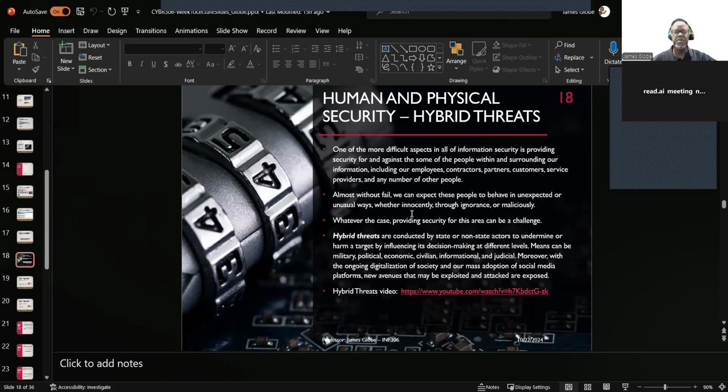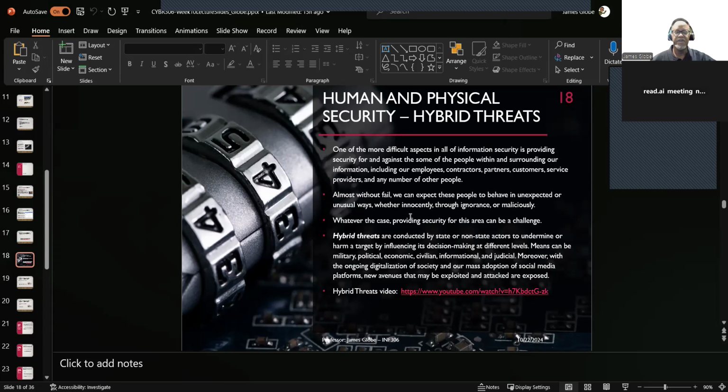So one of the more difficult aspects of information security is providing security for and against some of the people within and surrounding information, such as your employees, contractors, partners, customer service providers, etc. Almost without fail, we can expect these people to have or do something unexpected or not planned, potentially jeopardizing or compromising your organization or assets.